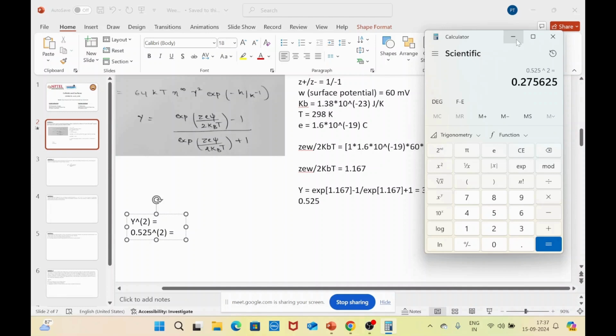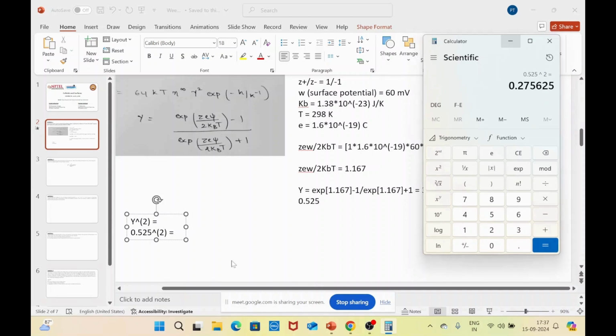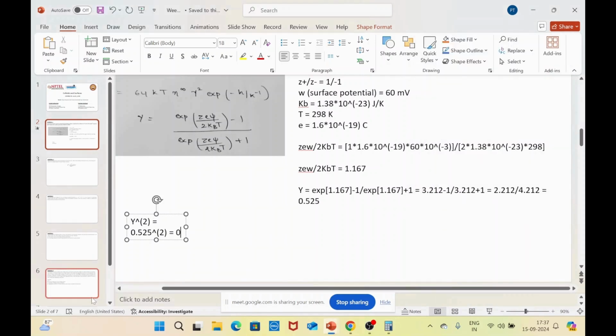I tried once again and it came out 0.525 only.